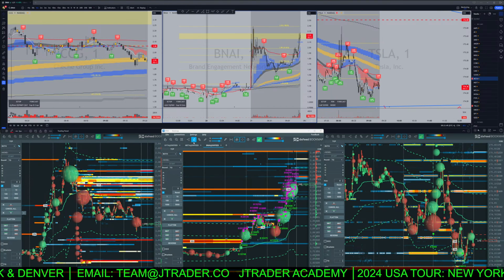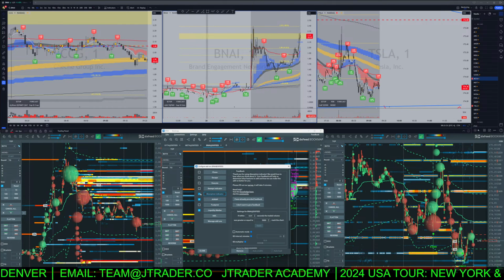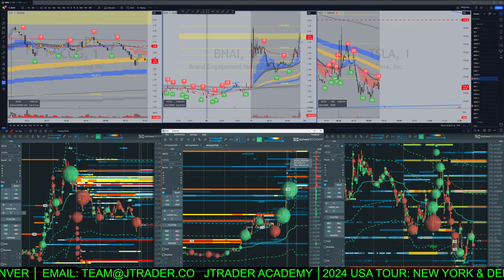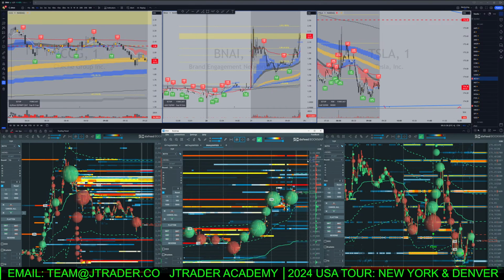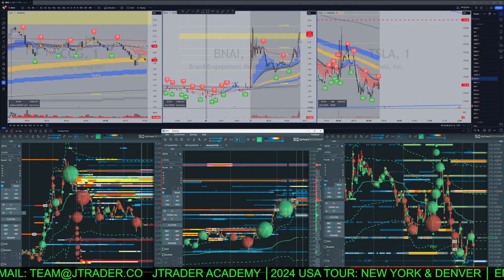So you can see in this moment, price is trying to push the liquidity area that we were looking for, the 250s.